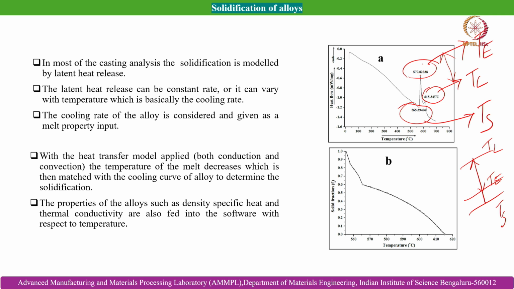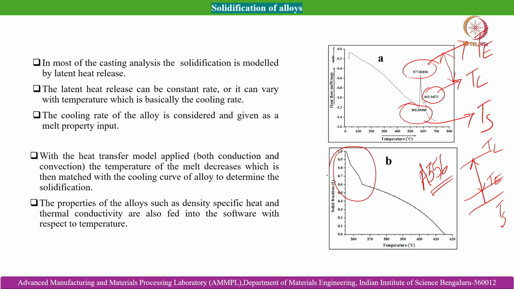This is the solid fraction versus temperature curve for the same A356 alloy. You can see that up to a certain temperature drop there is a gradual increase in solid fraction, and beyond that, close to the eutectic temperature and beyond, there is a catastrophic increase.